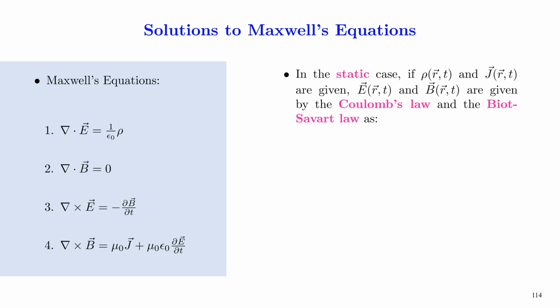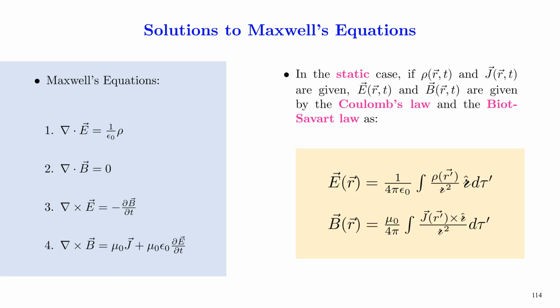In the static case, if the charge density rho and current density J are given, then the field quantities E and B are given by Coulomb's law and the Biot-Savart law. These are mathematically expressed in these equations.